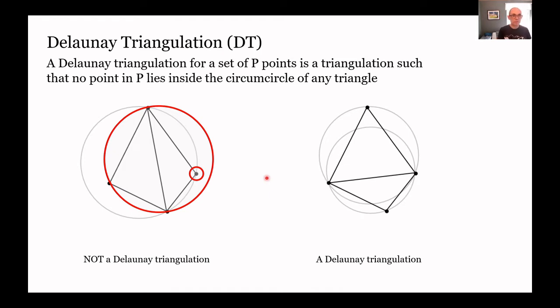This is not Delaunay triangulation. This is just triangulation. And similarly, when we look at this collection of 3 points here that make up this other triangle, this one also contains a point that is not part of the circumcircle.